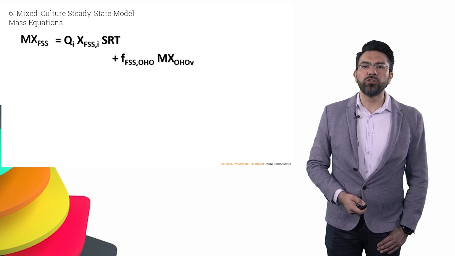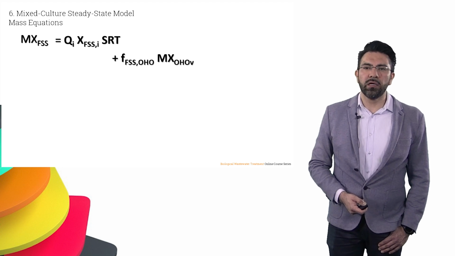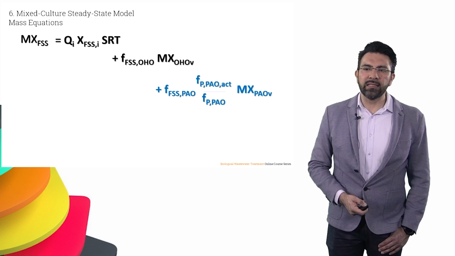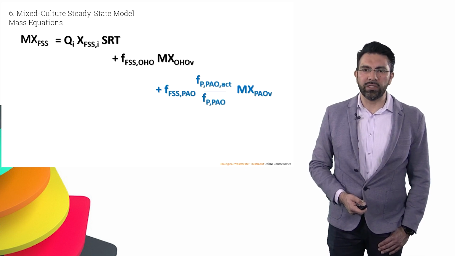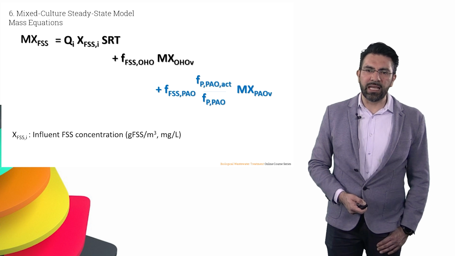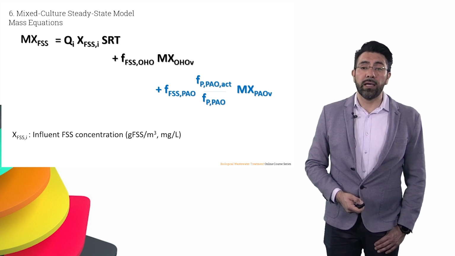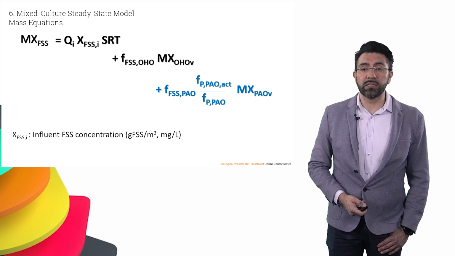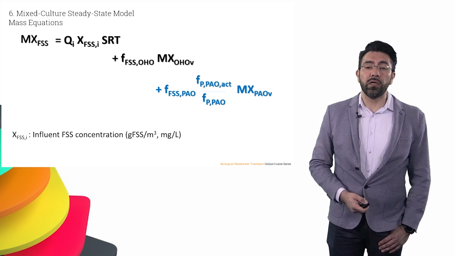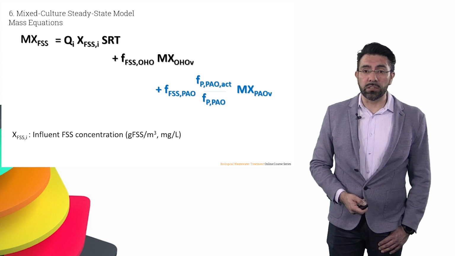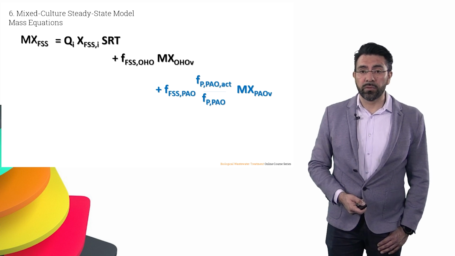Second, the contribution of the active mass of ordinary heterotrophic organisms, and third, the contribution of the phosphorus accumulating organisms to the system. For the first term, it is important to, via a wastewater characterization, estimate what is going to be the expected influent concentration of fixed suspended solids.